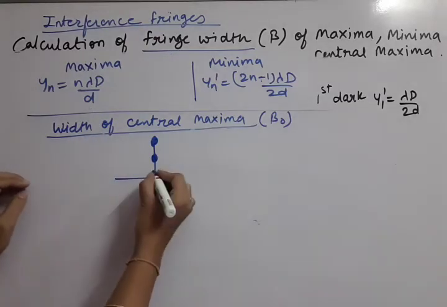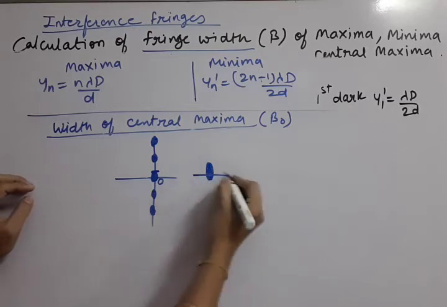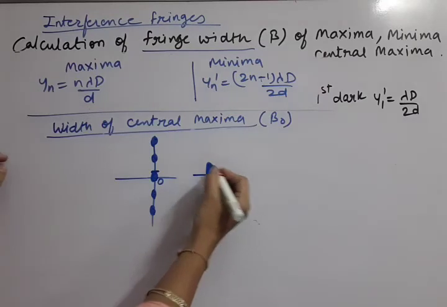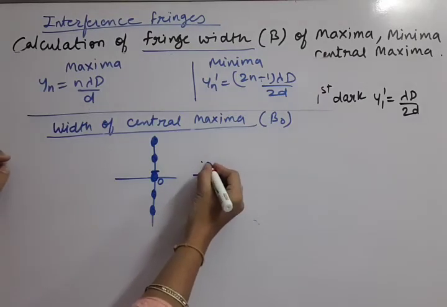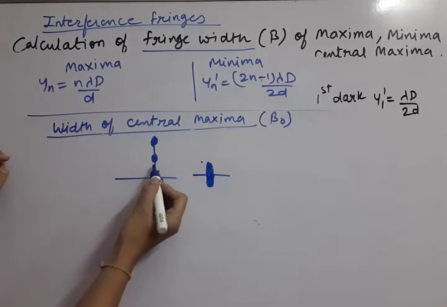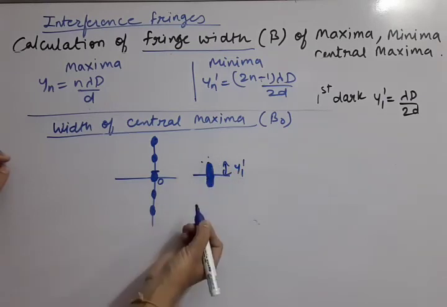If I make it enlarged, wherever this central maxima is ending, there the first minima is starting. First minima y1 dash or first dark is starting.